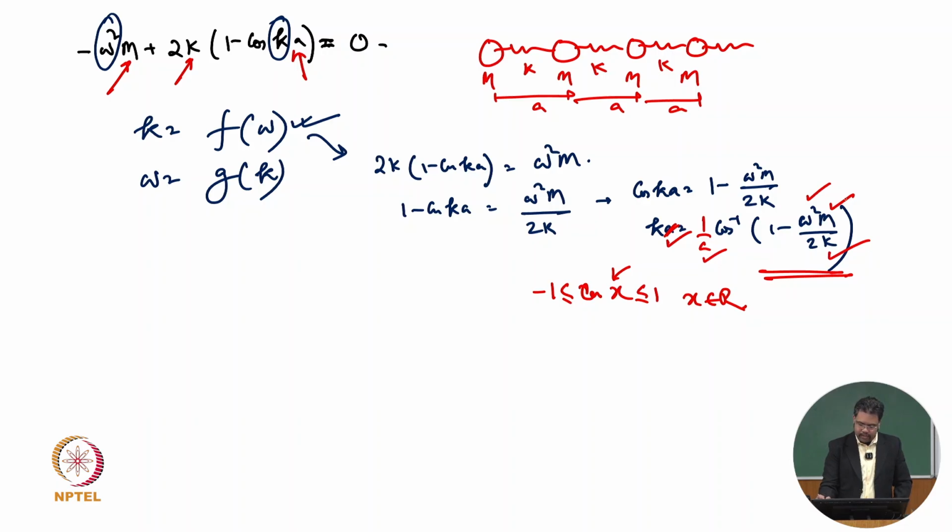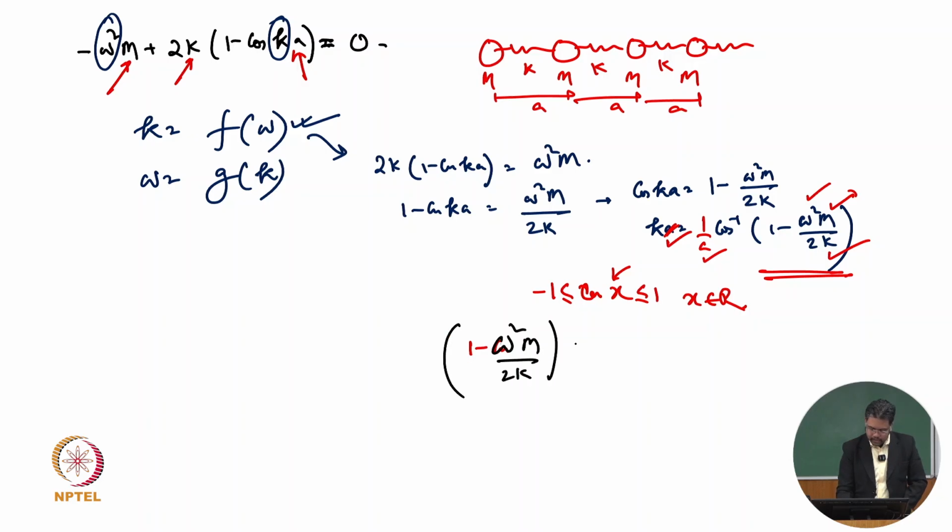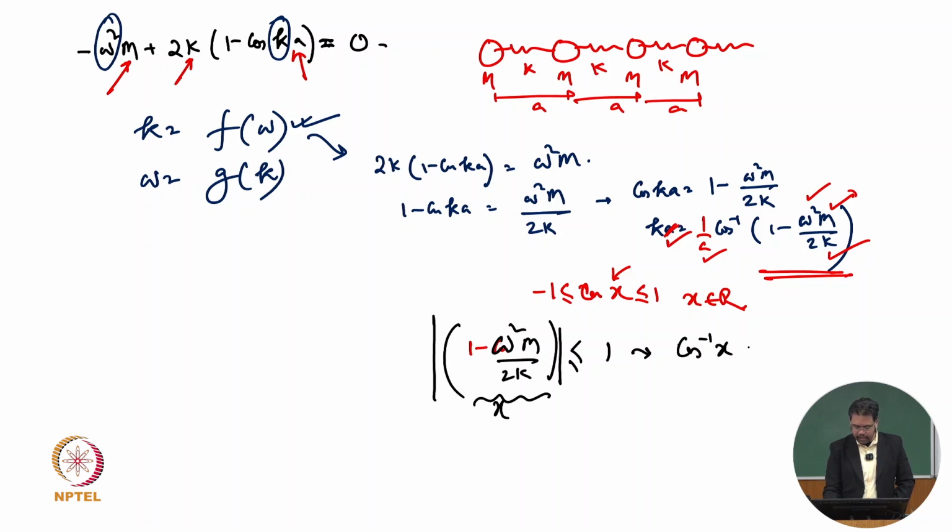So what can I say? If 1 minus omega square m divided by 2k has modulus less than or equal to 1, and if I name it lambda, then cos inverse of lambda will be a real number.